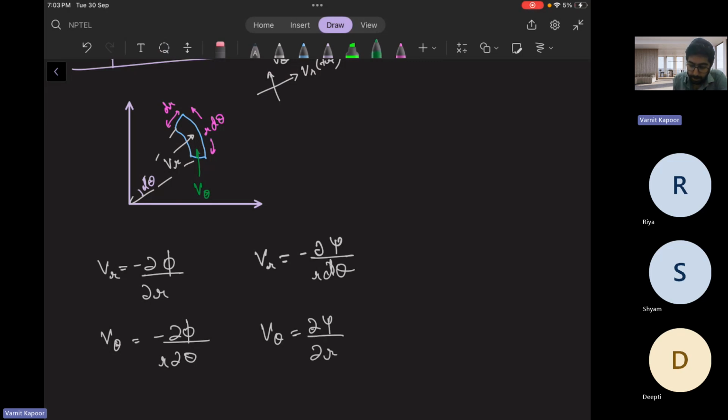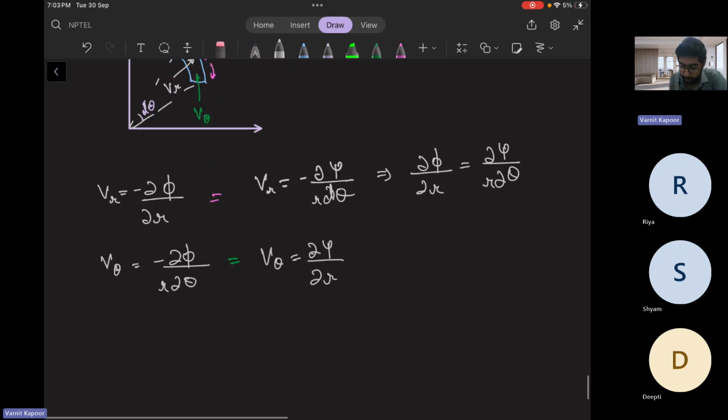And again, if I compare them, because both are equal, that is velocity only. So it is dou phi by dou r is equal to dou psi by r dou theta, and minus dou phi by r dou theta is equal to dou psi by dou r.